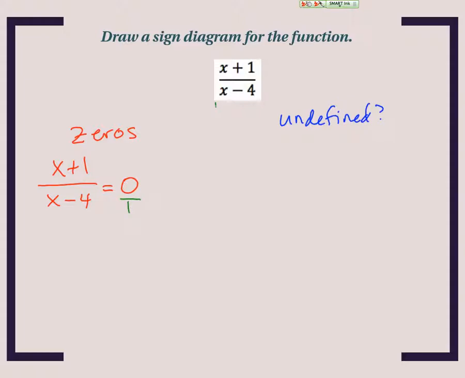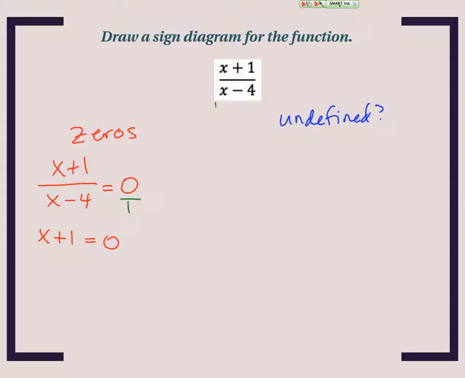But then what would you do? What would that make you think of? Yeah, cross multiply. So when I cross multiply, 1 times x plus 1 is just x plus 1. And what happens when I do x minus 4 times 0? It's 0. Okay? I know that you guys know this stuff.